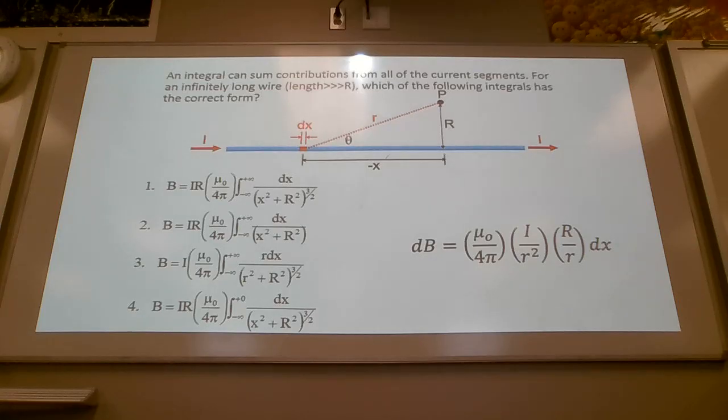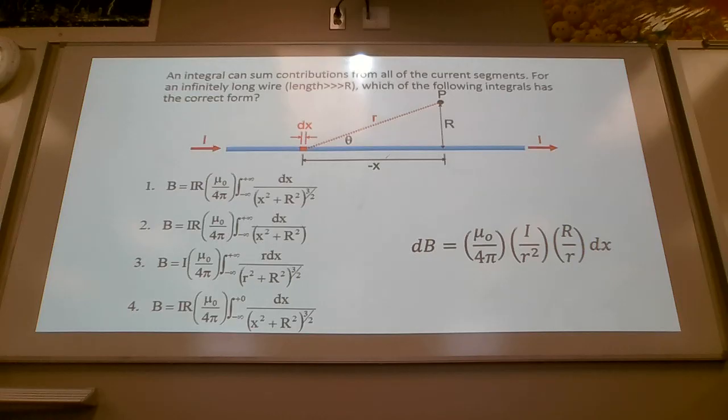What do you say? 1. Good with that? Because you got a r squared here. That's x squared plus capital R squared. Take the square root of that, but then square it, so that gets rid of the square root. And then you got another one over here. So there's your 3 halves. And you're going from negative infinity to positive infinity. Okay? I'm not going to show you how to do that.